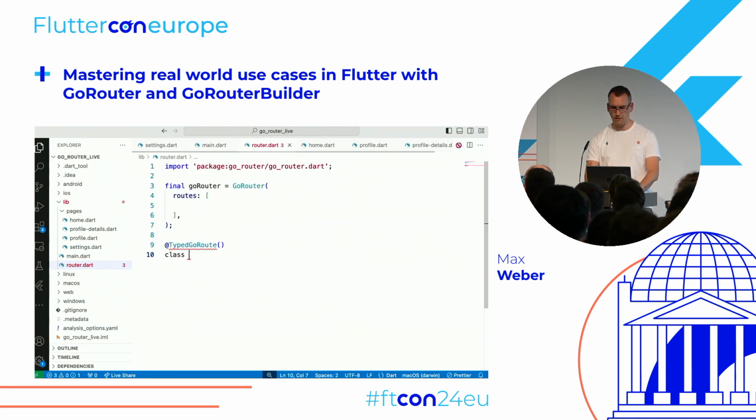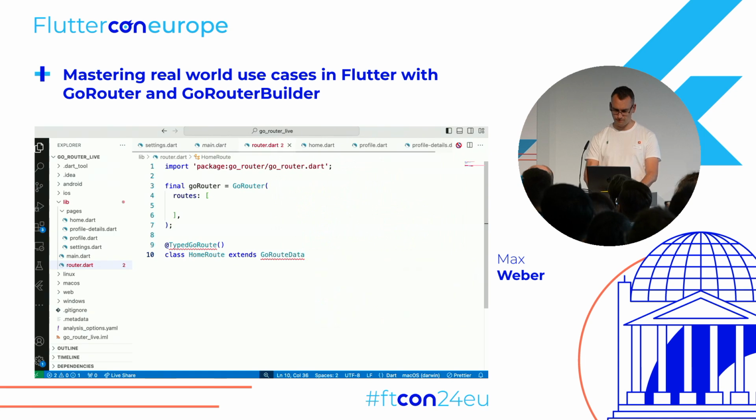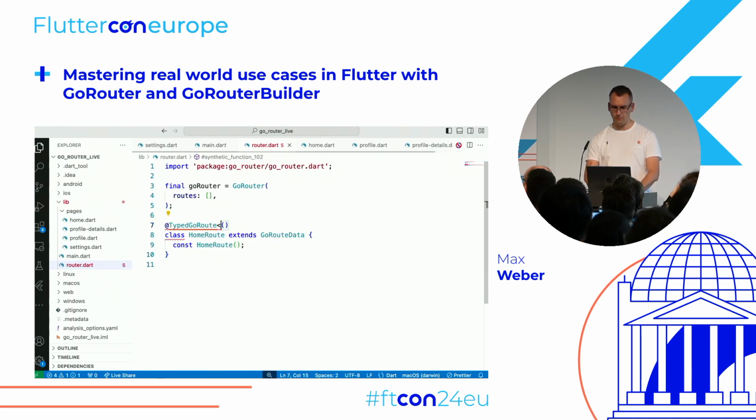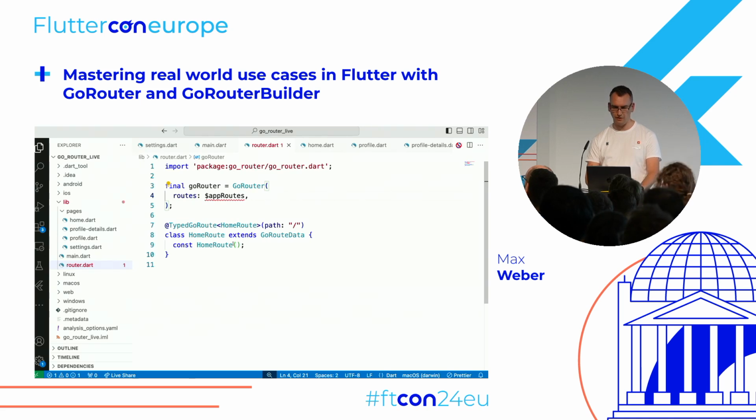And we need our class. HomeRoute extends GoRouteData and const HomeRoute. So should be fine. We have to pass in the data, the type, and we have to import things. Path is required, that's true. And slash. So with that, we have now defined nearly everything. We just have to pass in the routes, which in this case will be generated. So it is appRoutes, will be from the generator.